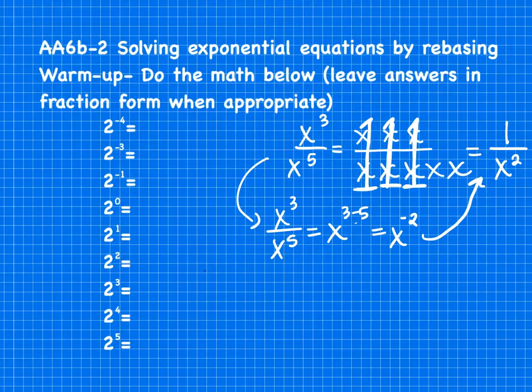So when we're looking at this, this also has an impact on why zero exponents work the way that they do. Because if I have, for example, x to the third over x to the third, that is x times x times x over x times x times x.